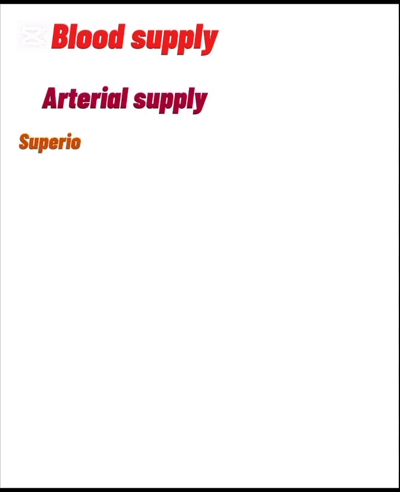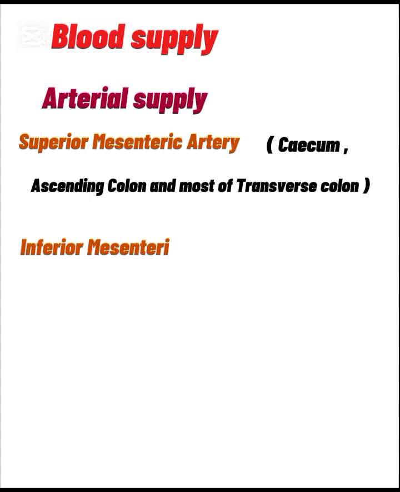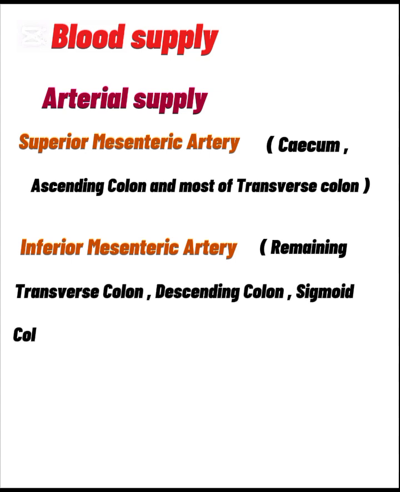Blood supply to the large intestine. Superior mesenteric artery supplies the cecum, ascending colon and most of the transverse colon. Inferior mesenteric artery supplies the remaining part of the transverse colon, descending colon, sigmoid colon and proximal part of the rectum.